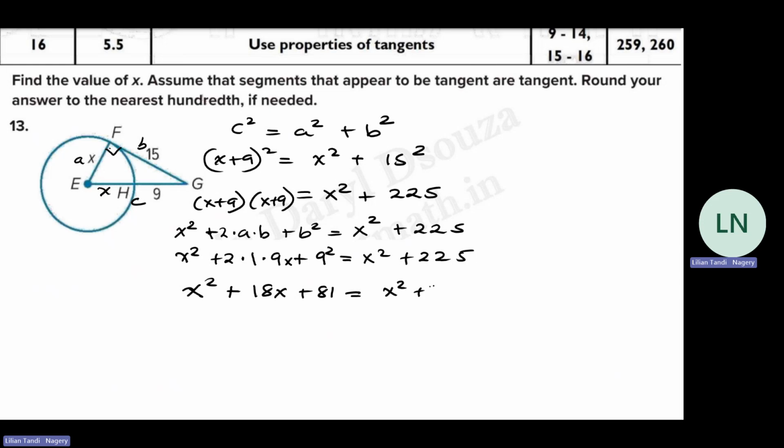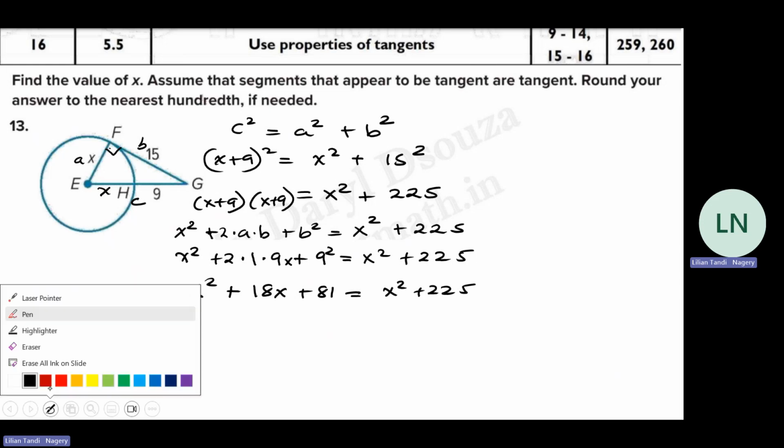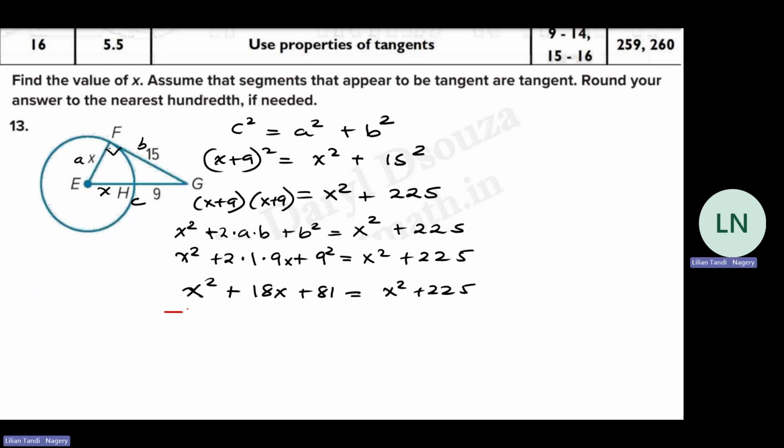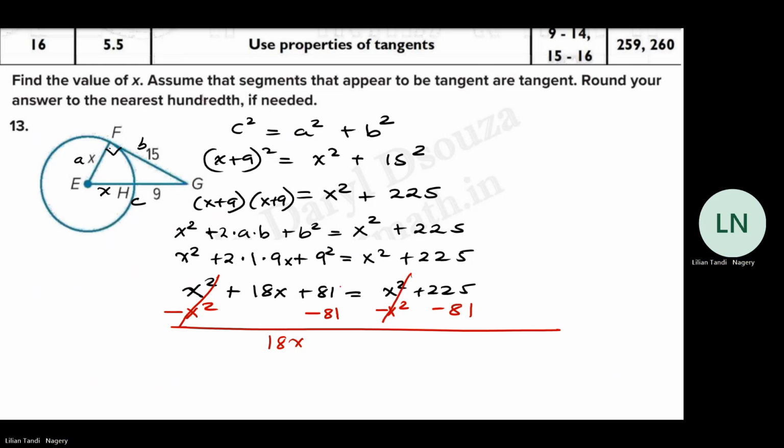x squared plus 225. Then I subtract x squared on both sides. This goes away, 18x, and then I also subtract 81 on both sides. This goes away. So what is 225 minus 81? 144.